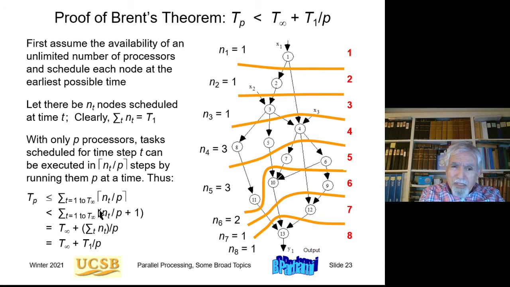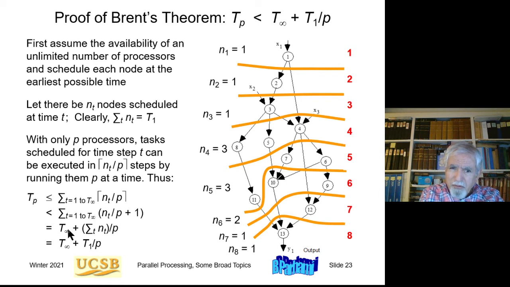And the rest is very simple algebra. I basically remove the ceiling and add 1, because the ceiling of a fractional number, a non-integer number, is less than 1 unit greater than it. Then the sum of 1 is T infinity, because I'm summing over this range.